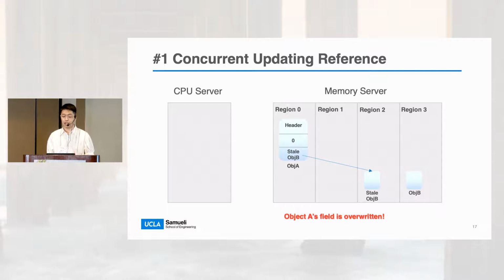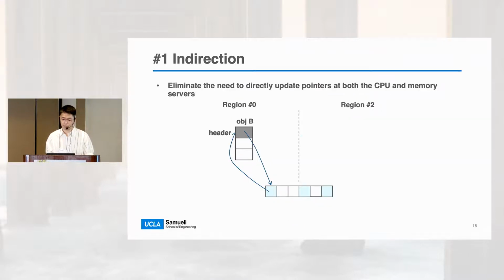But after we have the heap indirection table, it eliminates the need to directly update pointers at both the CPU server and memory servers, which means the previous problem in the concurrent updating reference phase is eliminated. It's the nature of our HIT. Let's take a look at this example. First, the GC threads copy object B on the memory server to the to space.